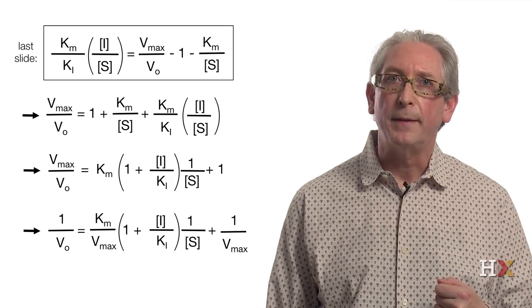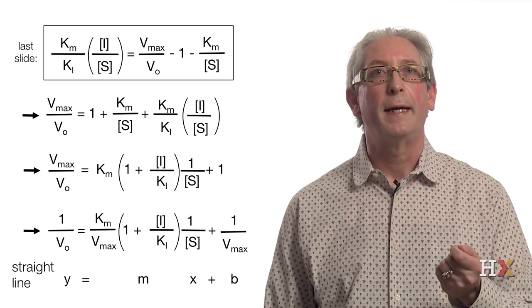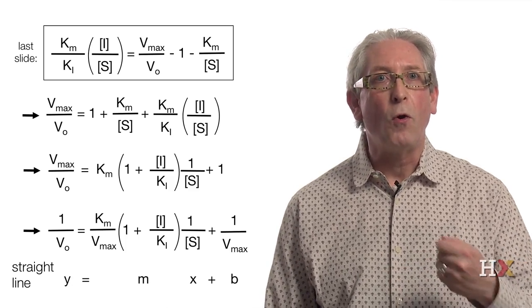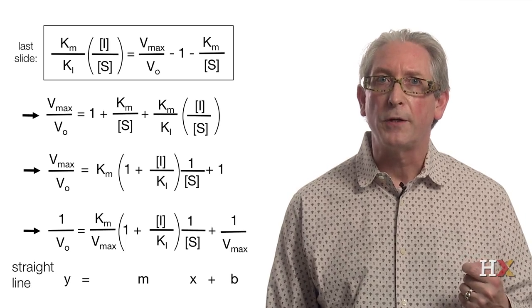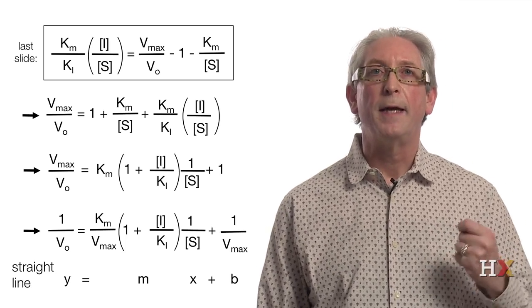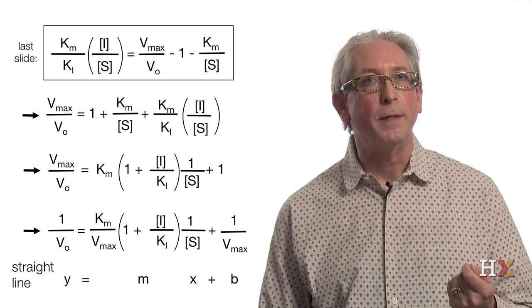This equation looks familiar. It is the equation of a straight line, y equals mx plus b. But it's also familiar because it resembles the Lineweaver-Burk equation. In fact, this equation is the Lineweaver-Burk equation in the presence of an inhibitor.